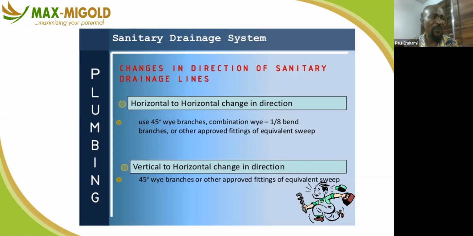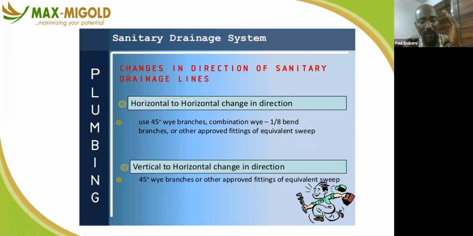If you take 45 out of 180 degrees, you have 135. So the bend you are going to maintain is 135 degrees, so that in the nearest future, once there is a blockage, you can easily use your K-rod. Your K-rod can move at an angle of 135 degrees, but your K-rod cannot move at an angle of 45 because that is too sharp.